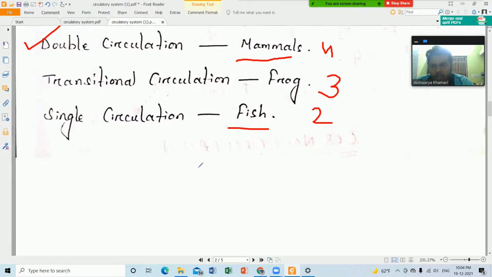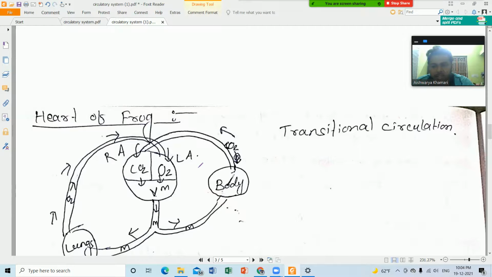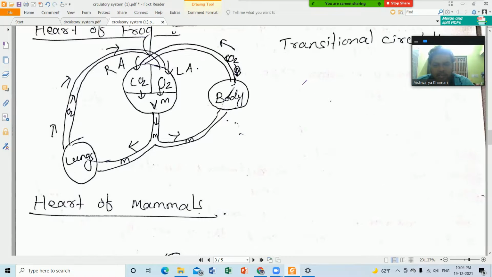Now we will look into the first one, the frog, which has transitional circulation. From the body, the deoxygenated blood comes to the right auricle of the heart, and from the lungs, the oxygenated blood comes to the left auricle of the heart.